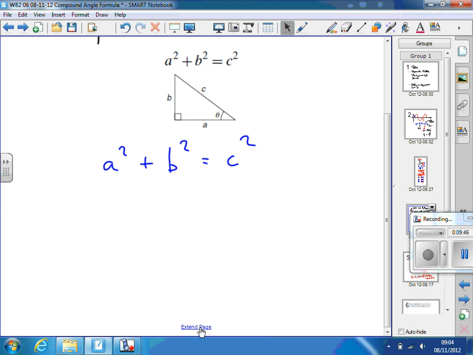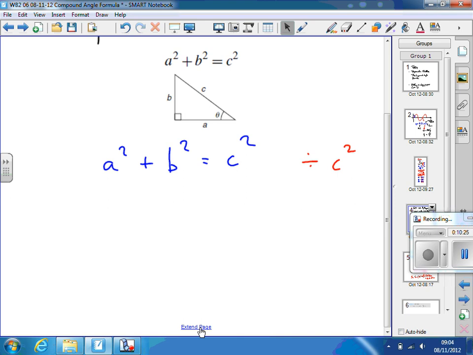What I do is I divide through by, say, c squared. That means to divide every term in Pythagoras by c squared. Or I could decide to divide through by a squared. Or I could decide to divide through by b squared. And each time I get a different answer and a different identity. So I'll go through one, and then you can do one of the others and see what that shows us. We can end up with 3 different trigonometric identities that we can then use.